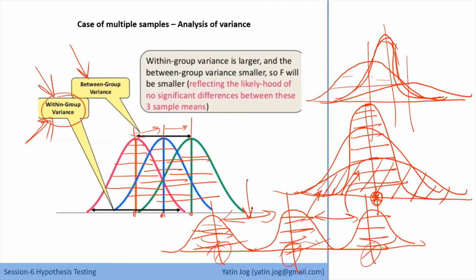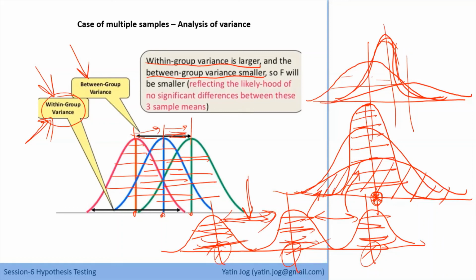So that is what is given here. The within group variance is larger, that spread has to be larger within the group, and the between group variance is smaller. That means they are almost overlapping.